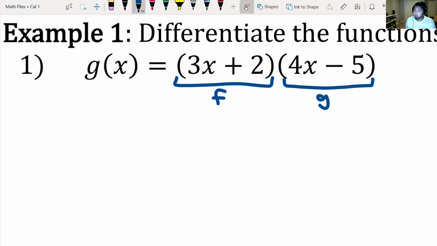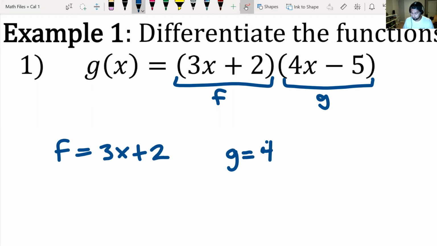So what I'm going to do now is say f equals 3x plus 2, and g equals 4x minus 5.